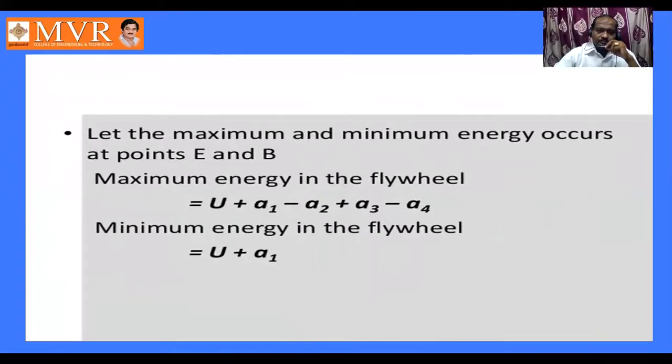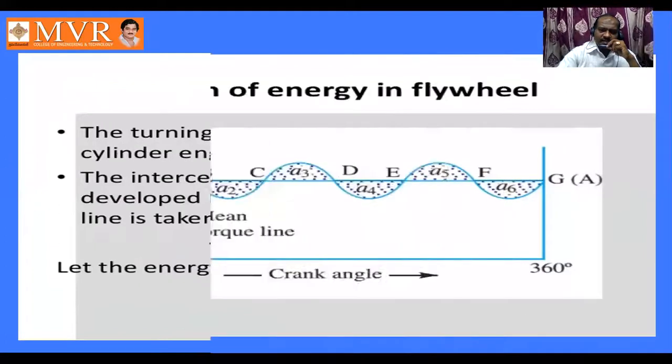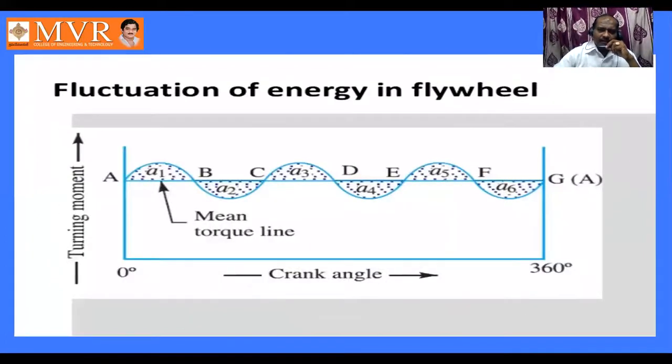Now, maximum and minimum energy occur at E and B. How will you know? If numerical values are given in the diagram, you can easily understand at particular points.